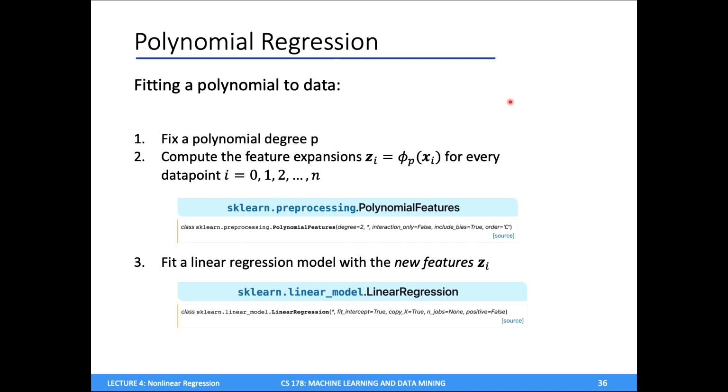Yeah, good question. I'll get to it in 2 minutes. Yeah, another question? Yeah, I believe so. The question is whether the size of our new feature vector coming from polynomial expansions is exponential in the degree of our polynomial.